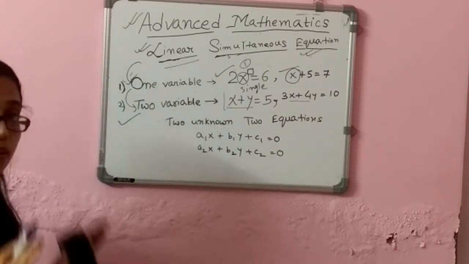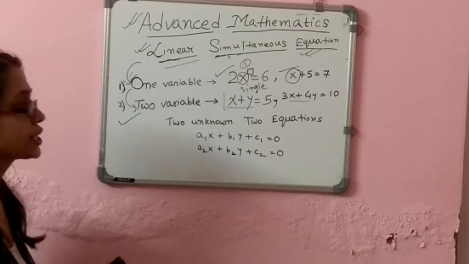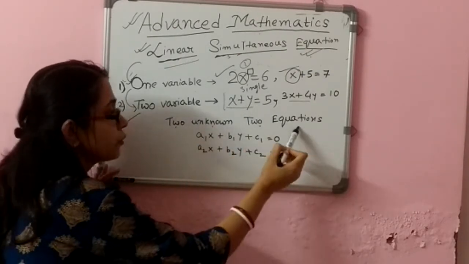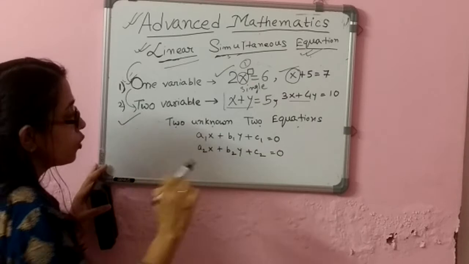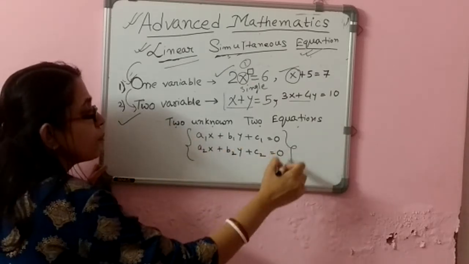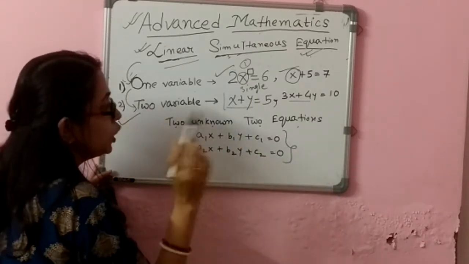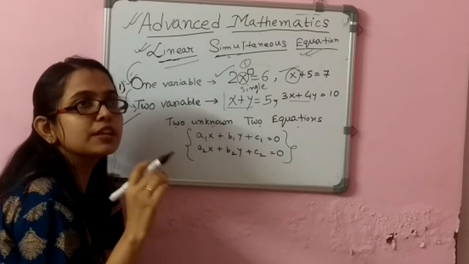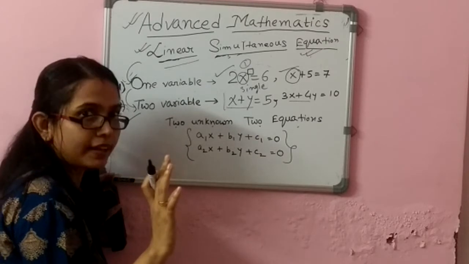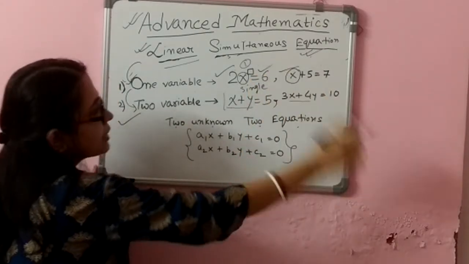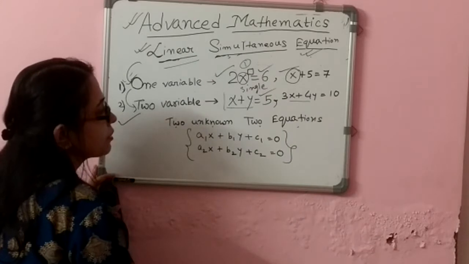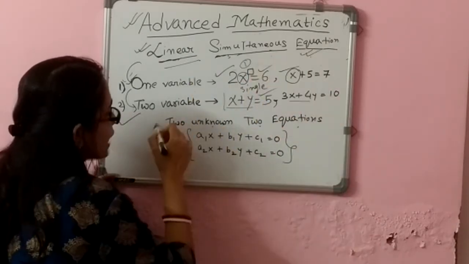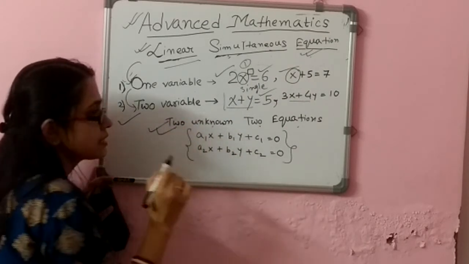Now there will be a type of equation where there are 2 unknowns and 2 equations, and this is the general form of 2 unknowns and 2 equations. One thing we also have to remember is that in every equation there will be a constant part, whether it is a 1 variable linear equation, a 2 variable linear equation, or a linear simultaneous equation.